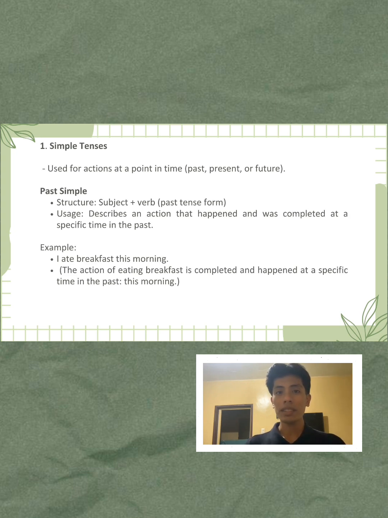Past simple describes an action that happened and was completed at a specific time in the past. Here is an example sentence: I ate breakfast this morning. The action of eating breakfast is completed and happened at a specific time in the past. When was that? The action was done this morning.